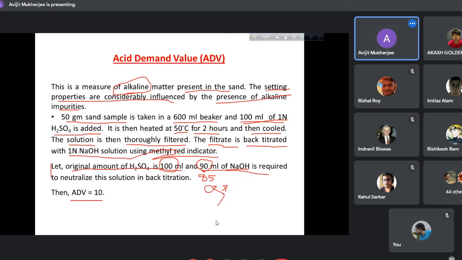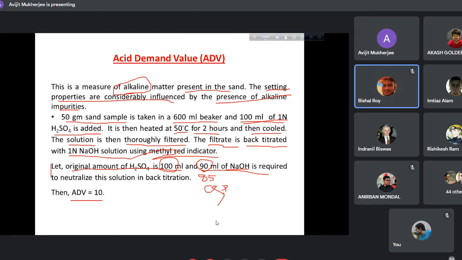Now tell me, which indicates the presence of more caustic soda or more alkaline matter? Higher number or lower number? Any guess? Yes, sir.